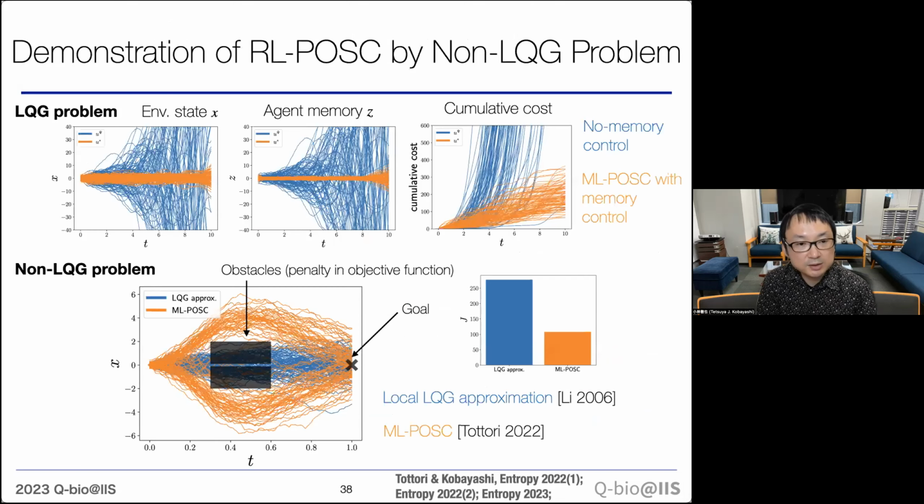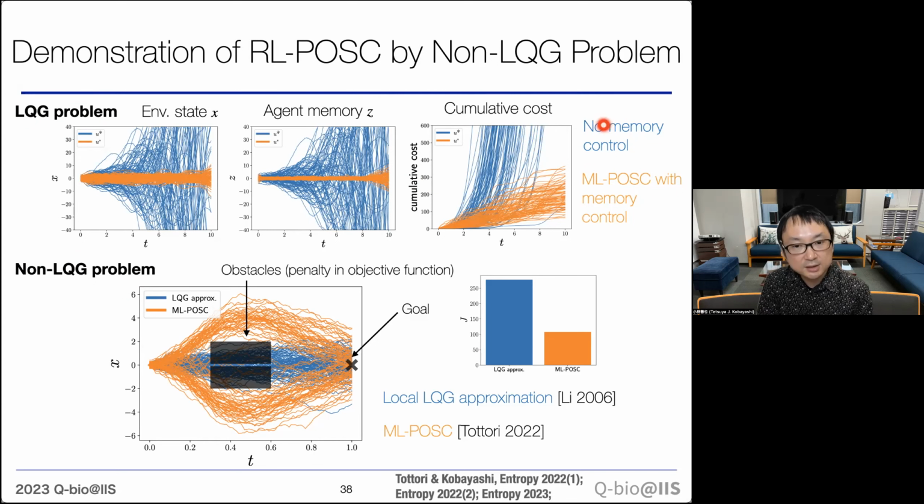So I skip this one. Finally, we tested our algorithm using the so-called LQG problem, the linear quadratic Gaussian problem, as well as a non-LQG problem. For the LQG problem, we compared our algorithm, in which the memory of the agent is optimally controlled. The blue one is the control without memory optimization, meaning that the optimal control was derived as a function of the instantaneous observation.